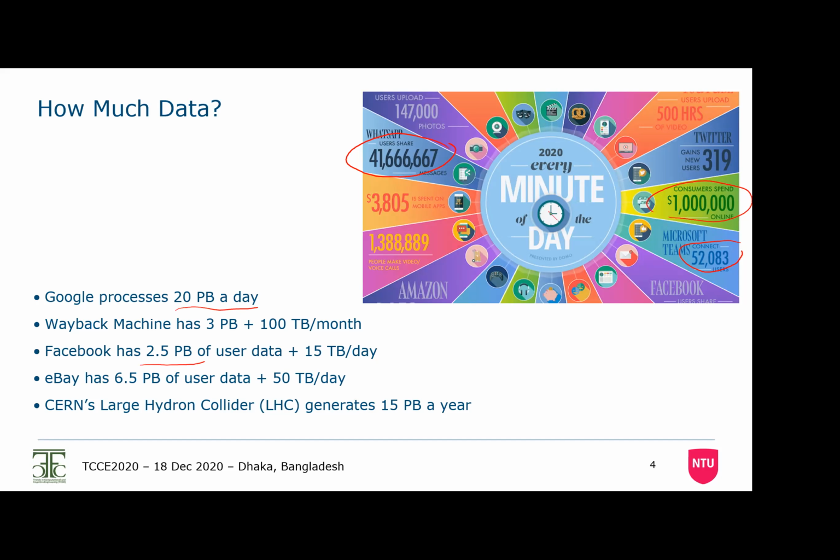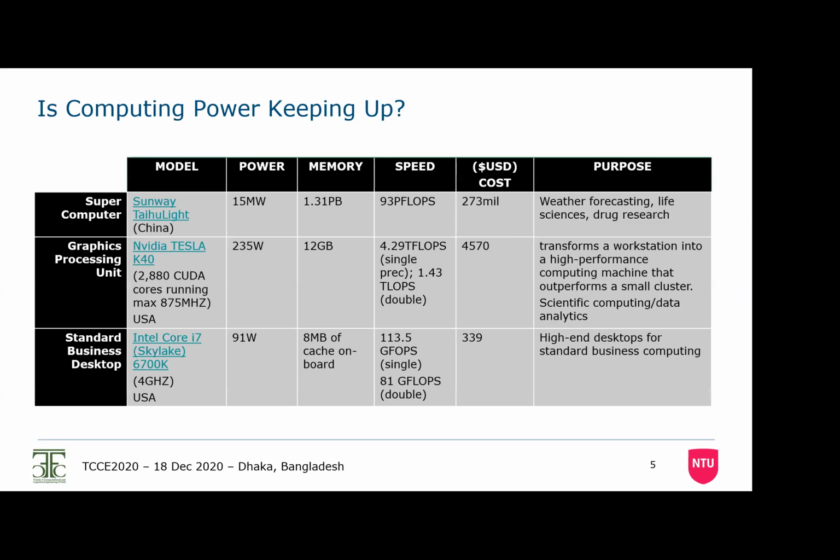Another example is CERN's Large Hadron Collider, which generates around 15 petabytes of data every year. All these things denote that a huge amount of data is being produced, which needs huge processing capability.